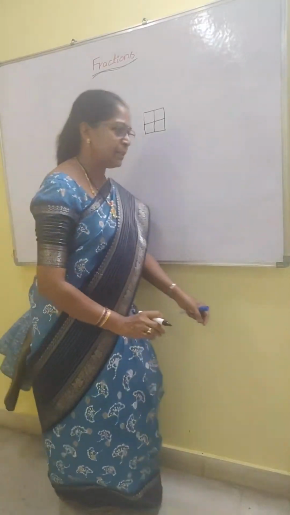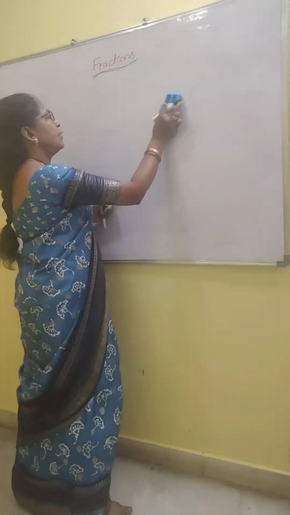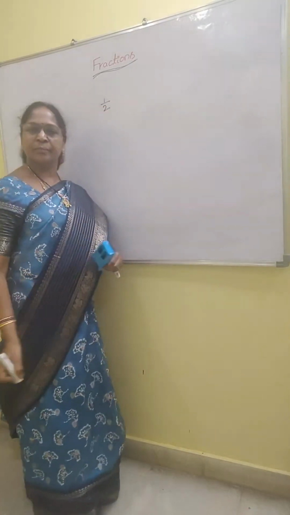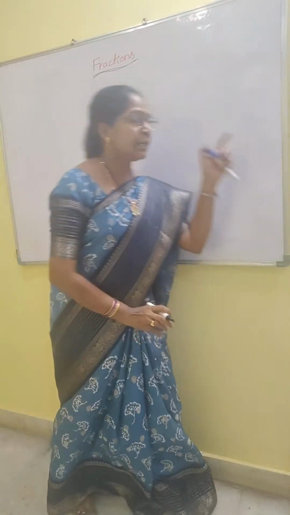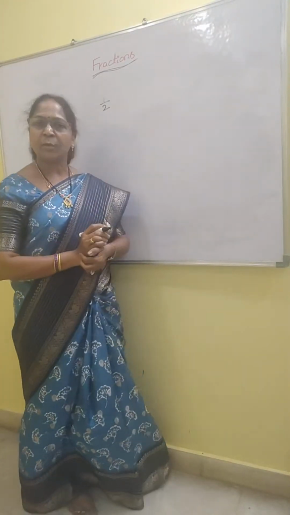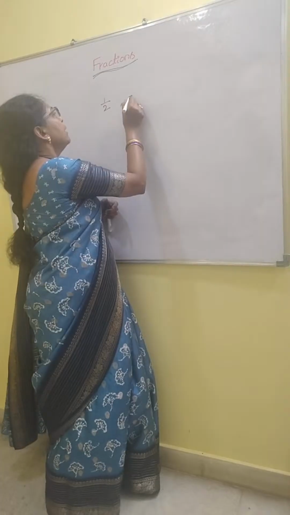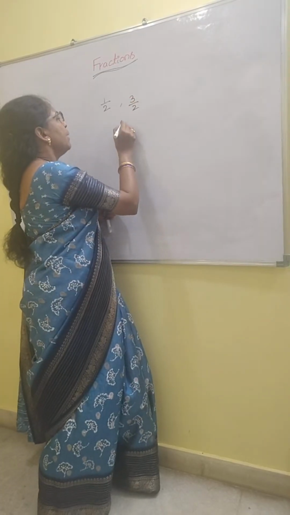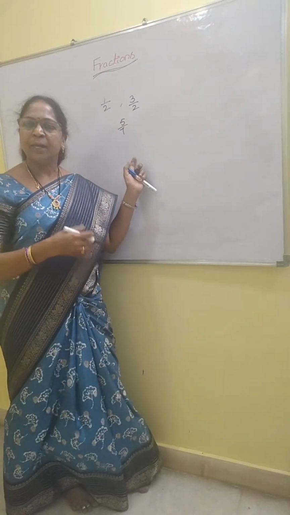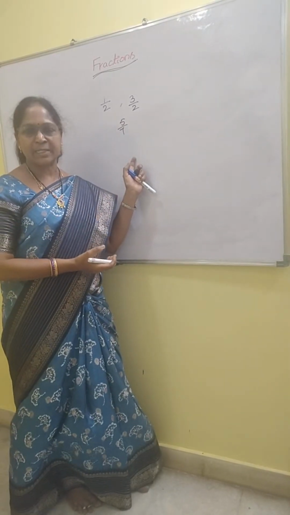It can be represented like this, for example, 1 by 2. Any number written like 1 by 2, or 3 by 2, or 5 by 7, whatever it is, we call it a fraction.